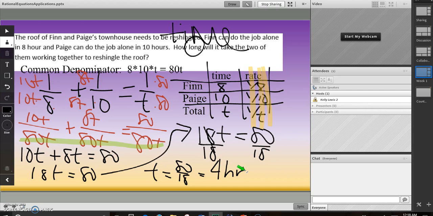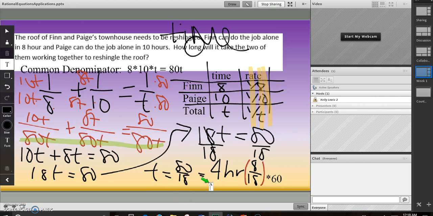Then we have 8 over 18, and we need to convert that to minutes. So I'm going to take 8 over 18 and multiply it by 60. In your calculator, you do parentheses, 8, division sign, 18, parentheses, times 60.